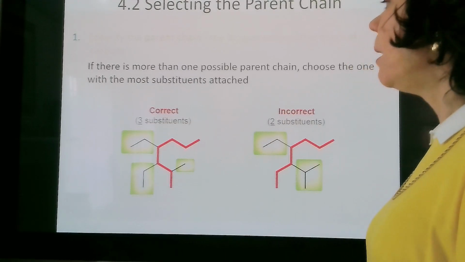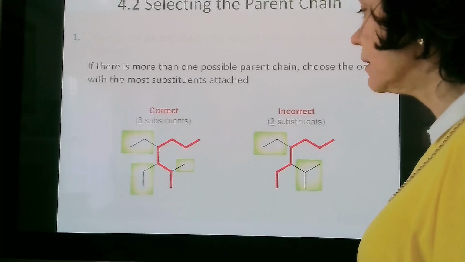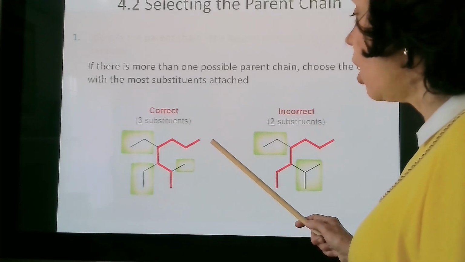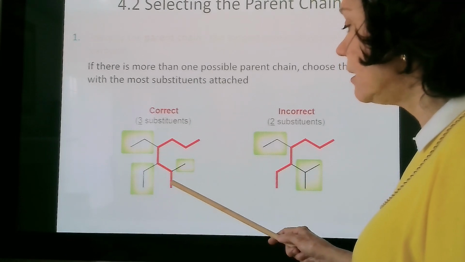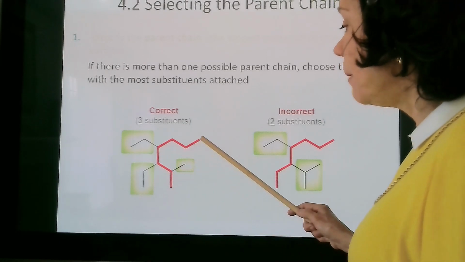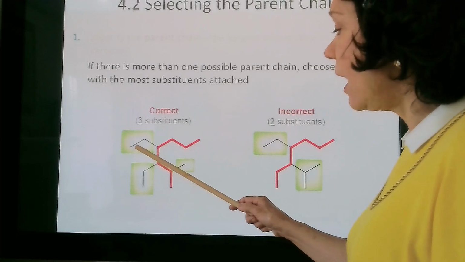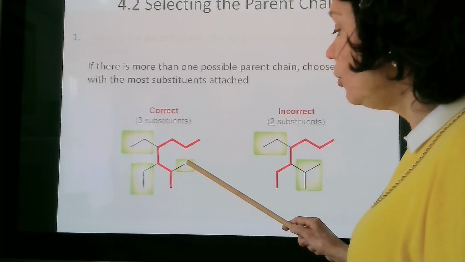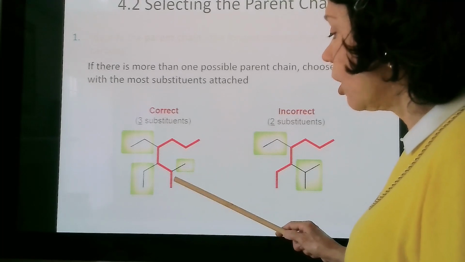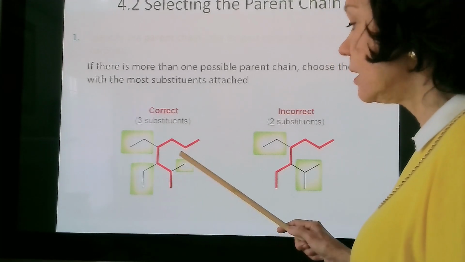So, first you identify the parent chain. This is the longest chain, and so you can see it identified here. It's outlined in red. And so it would not be this way because this is the longer chain. And so you could actually go to this carbon instead of that carbon if you wanted. It doesn't matter.